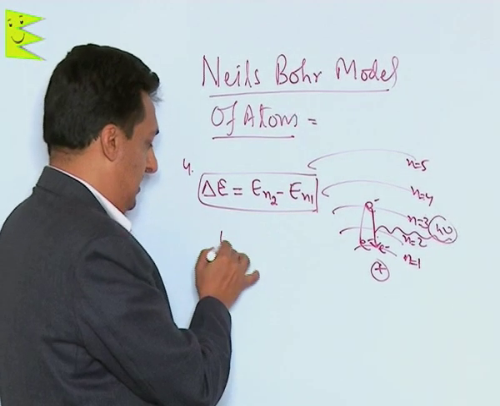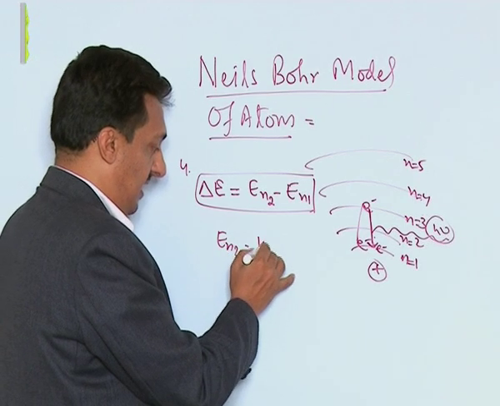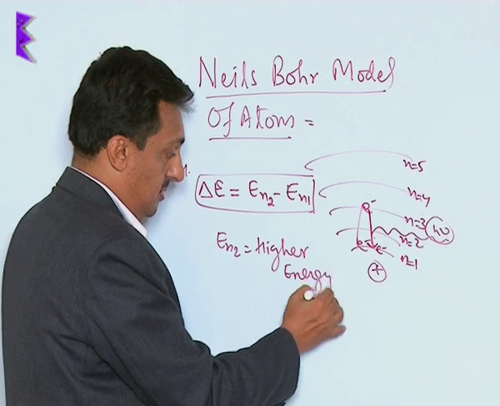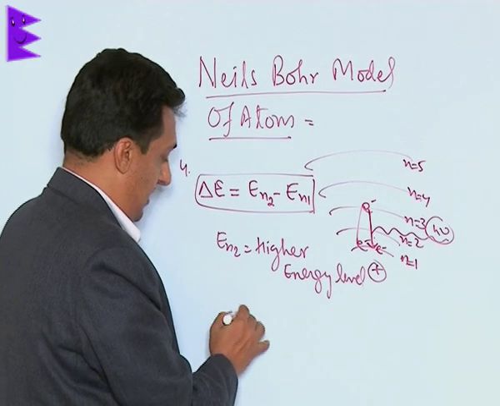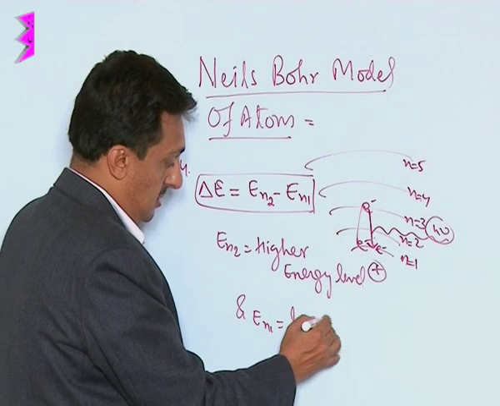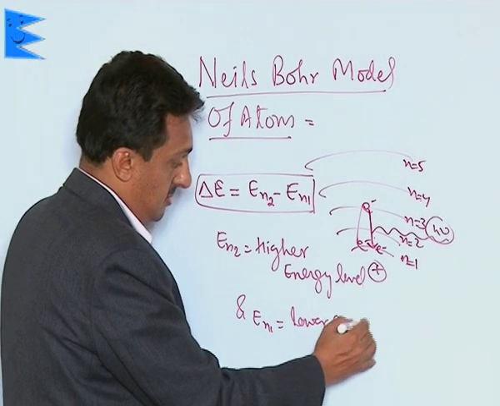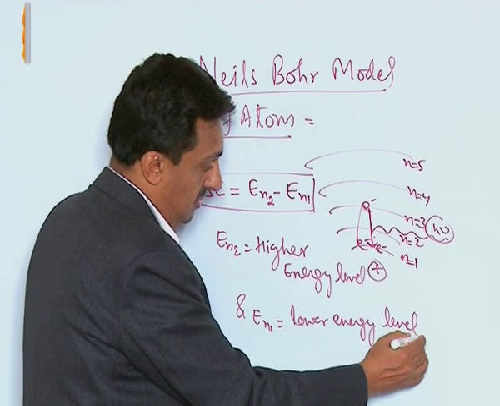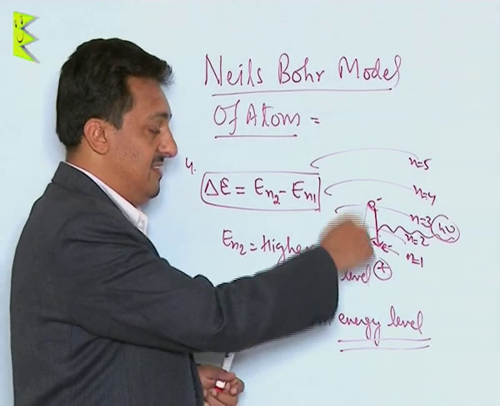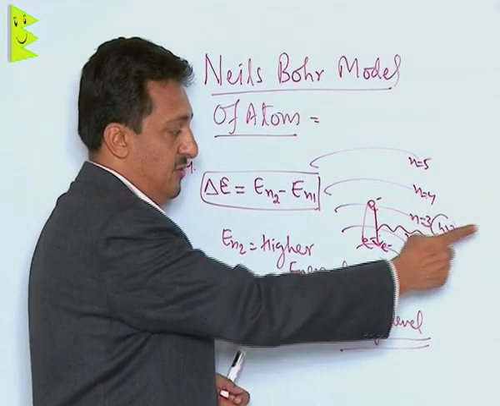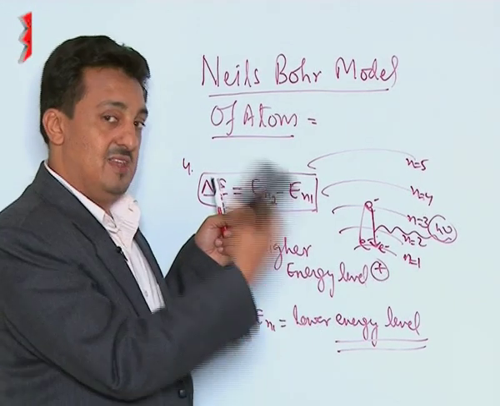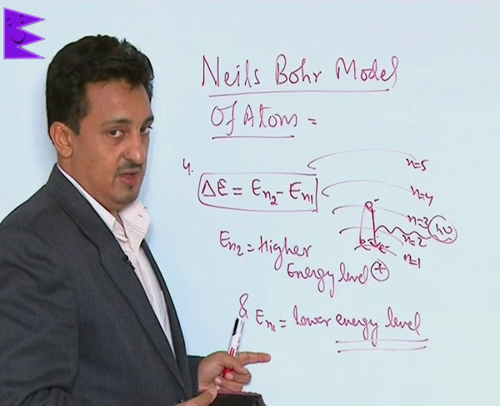You need to understand that N2 is the higher energy level and N1 is the lower energy level. Only when these transitions are done, the difference amount of energy is given out in the form of radiations. So N2 is always the higher energy level, N1 is your lower energy level.